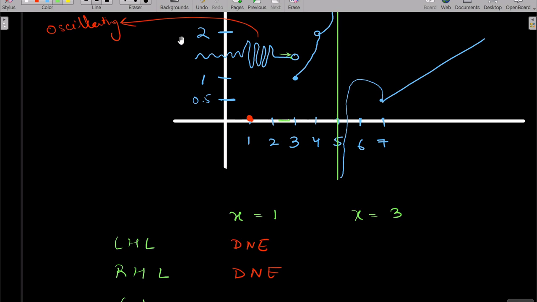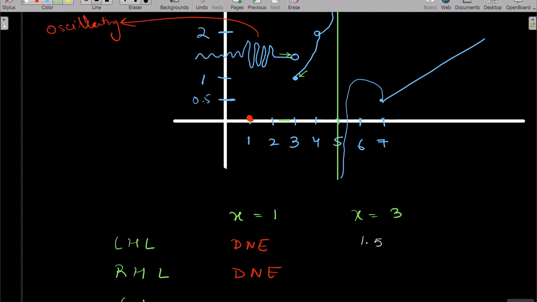1.5. 1.5, yes, exactly. When we're coming from the left side, the value of the function is 1.5. And when you're coming from the right side, that means now you're approaching from this side. Then what's the value of the function? Then it's 1.